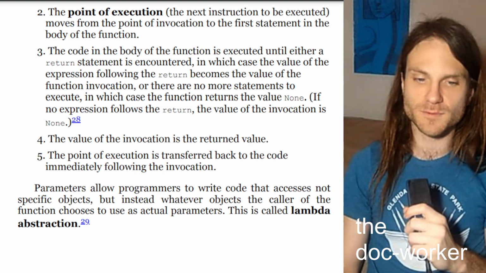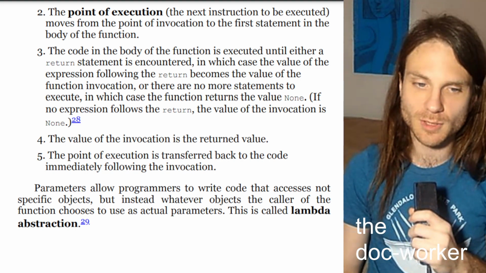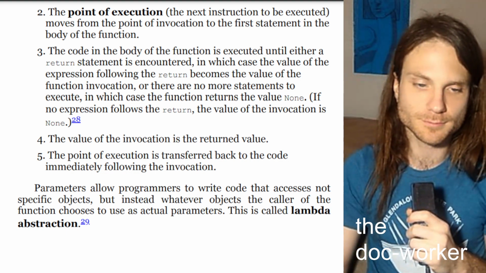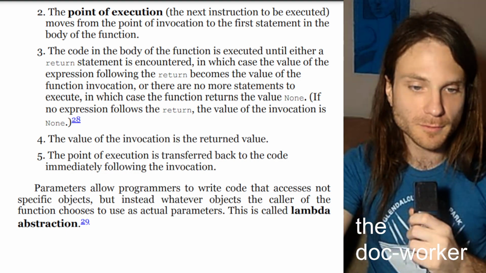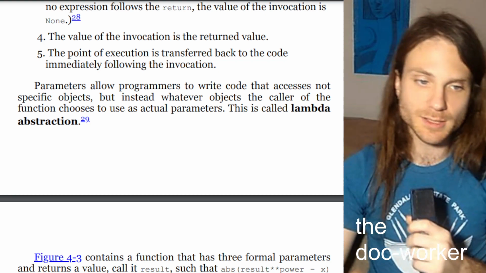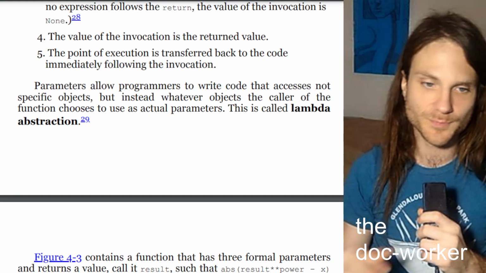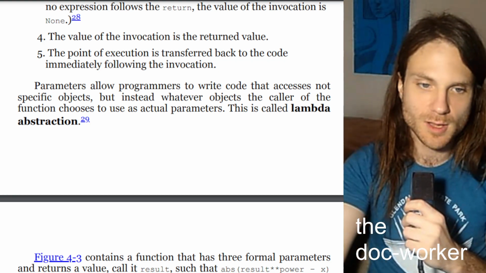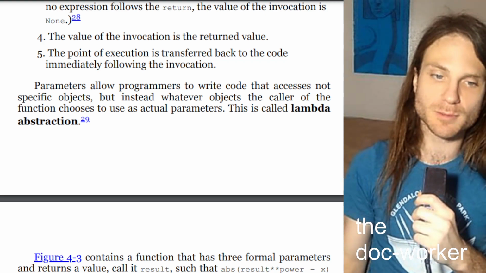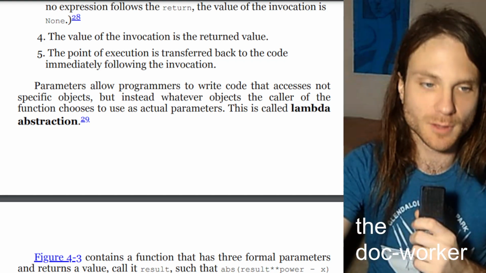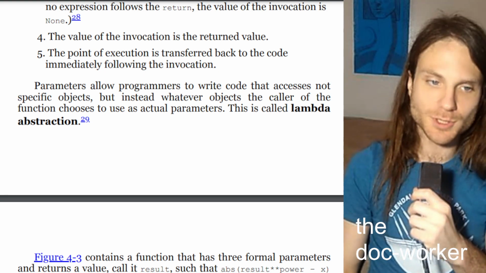If no expression follows the return, the value of the invocation is None. 4. The value of the invocation is the returned value. And 5. The point of execution is transferred back to the code immediately following the invocation, the function call.